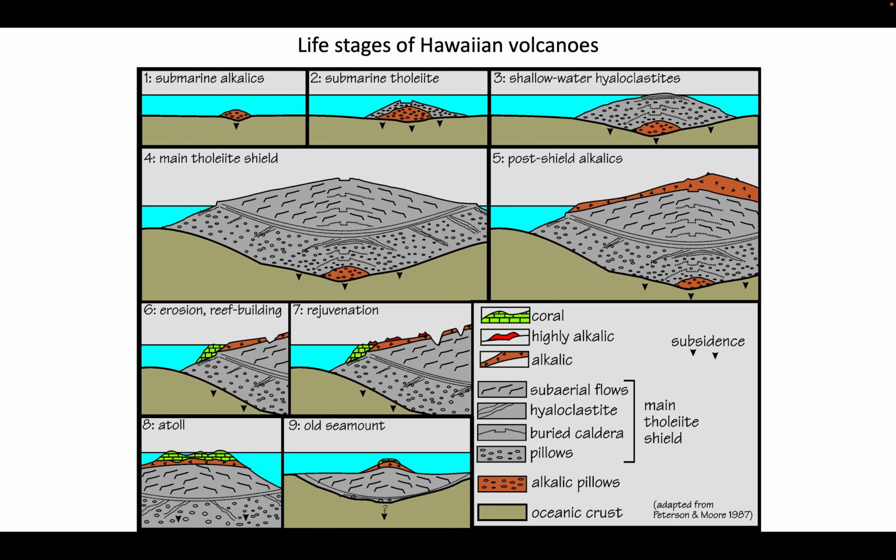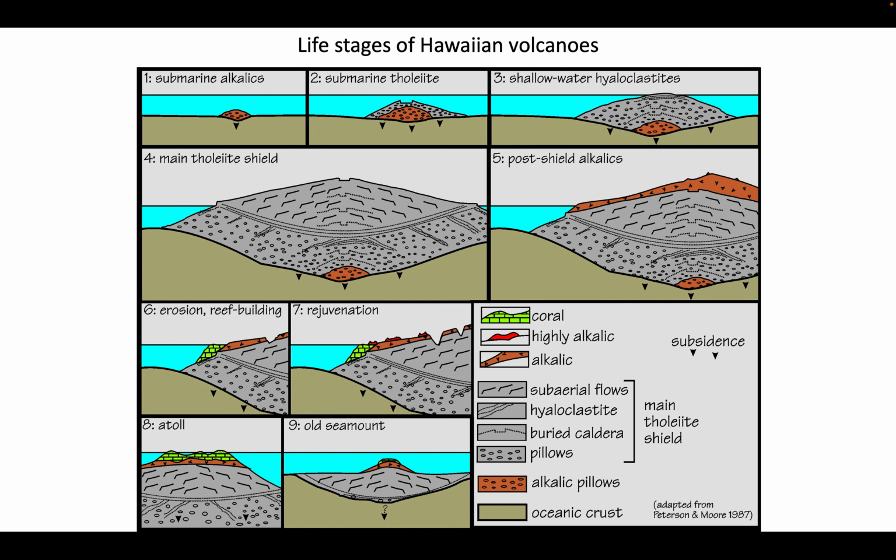Following the rejuvenated stage, a long period of erosion and subsidence eventually reduces the volcanic islands to sea level. Basalt is a porous rock that easily succumbs to erosion, especially with the high amounts of rainfall in Hawaii. Erosion processes include gradual degradation due to weathering and massive landslides that displace large parts of the island.